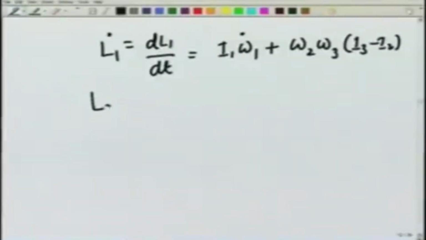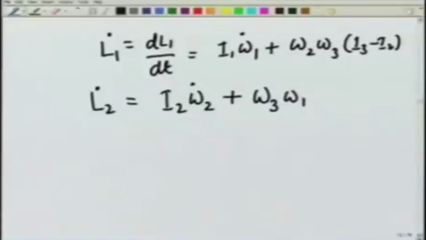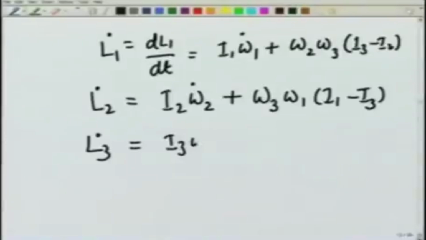Similarly, L2 dot, the change in direction 2, would be caused by change in the component of angular velocity along direction 2 plus, because L is rotating, that change anyway is caused. So, omega 3 omega 1 I1 minus I3. Same thing for L3 is going to be I3 omega 3 dot plus omega 1 omega 2 I2 minus I1.